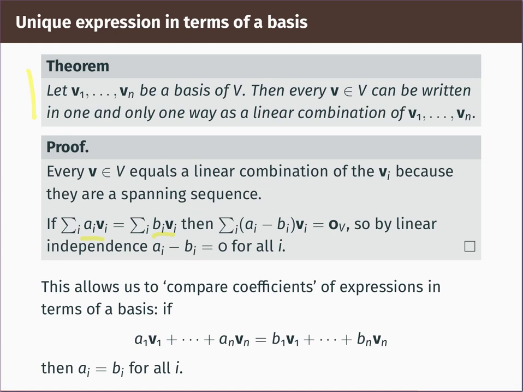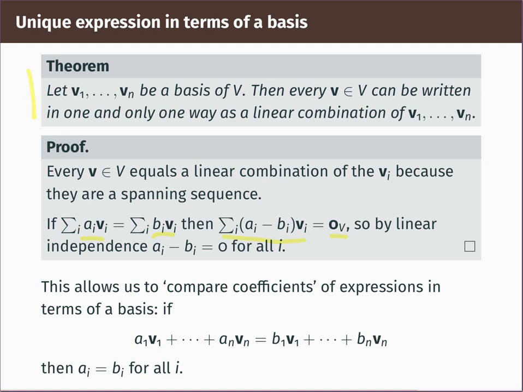So if you have that equality, then you can subtract the right-hand side from the left-hand side, and you can collect coefficients of v1 and v2 and v3 and so on. And when you do that, on the right-hand side you'll get the 0 vector, and on the left-hand side you will get the sum of (ai minus bi) times vi. But these v's are supposed to be linearly independent.